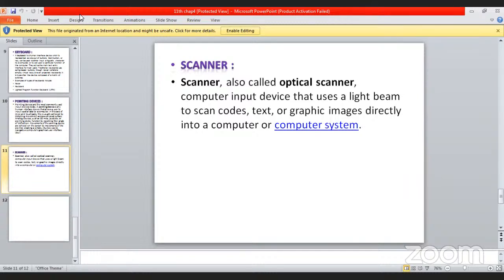So what is the role of a scanner? Some scanners are standalone units, though most of them are built together with the printing unit. This device must be connected to the computer.